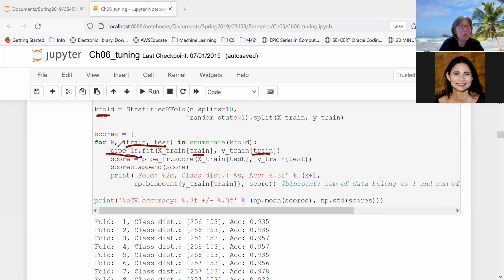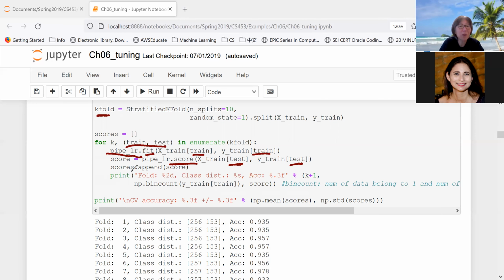Previously we already pipelined everything for the model, and then we do fit. Then we can collect its score regarding the testing part.